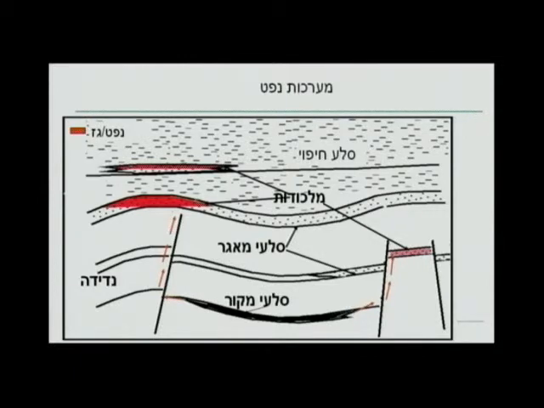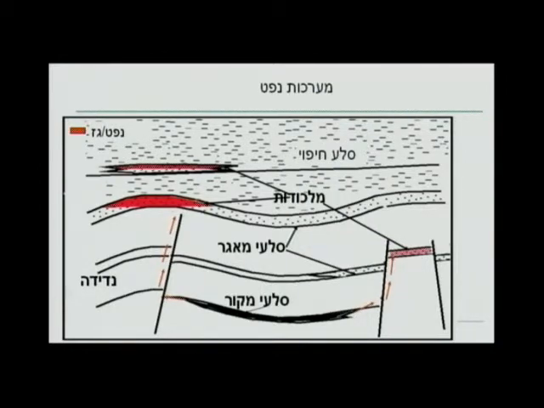The way I was taught about oil exploration was that we are looking for traps, oil traps or gas traps. So we're looking for specific structures which can trap the oil. The idea is that the oil is somehow transported from somewhere else, and it is accumulated in some traps.